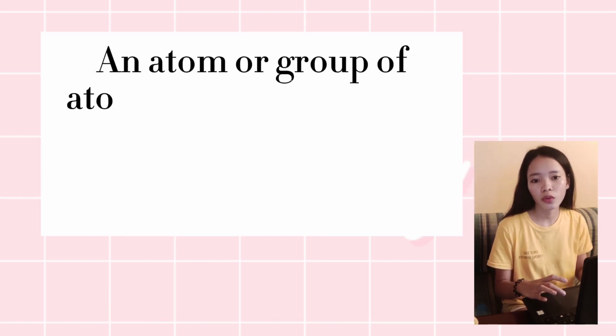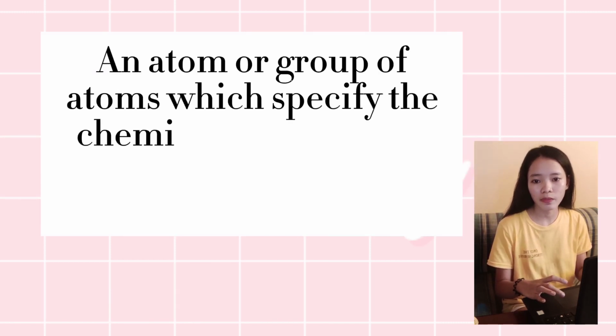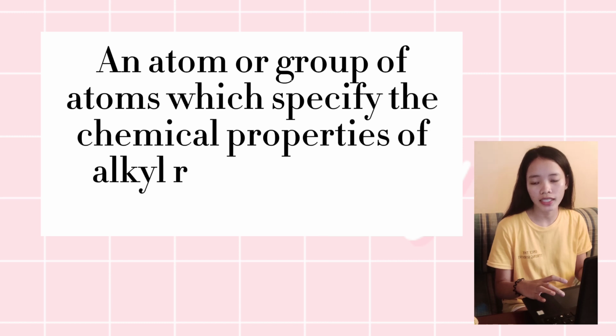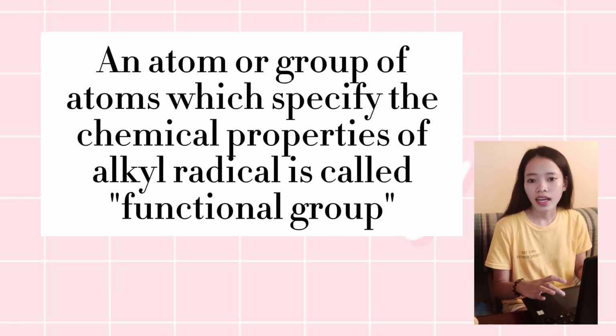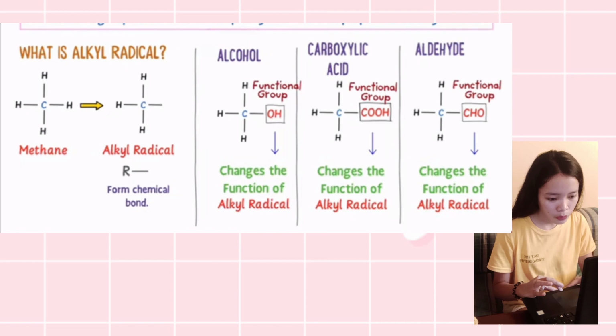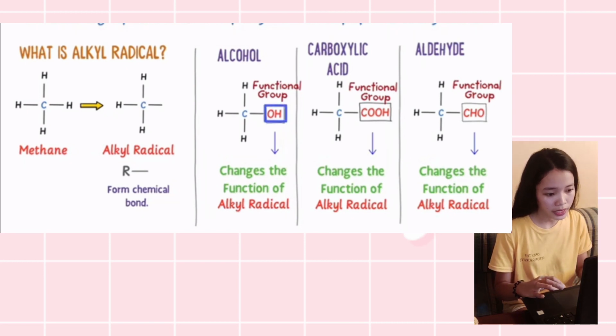So, an atom or group of atoms which specify the chemical properties of an alkyl radical is a functional group. Again, an atom or group of atoms which specify the chemical properties of an alkyl radical is called a functional group. For example, OH is a functional group that specifies the chemical properties of this alkyl radical.